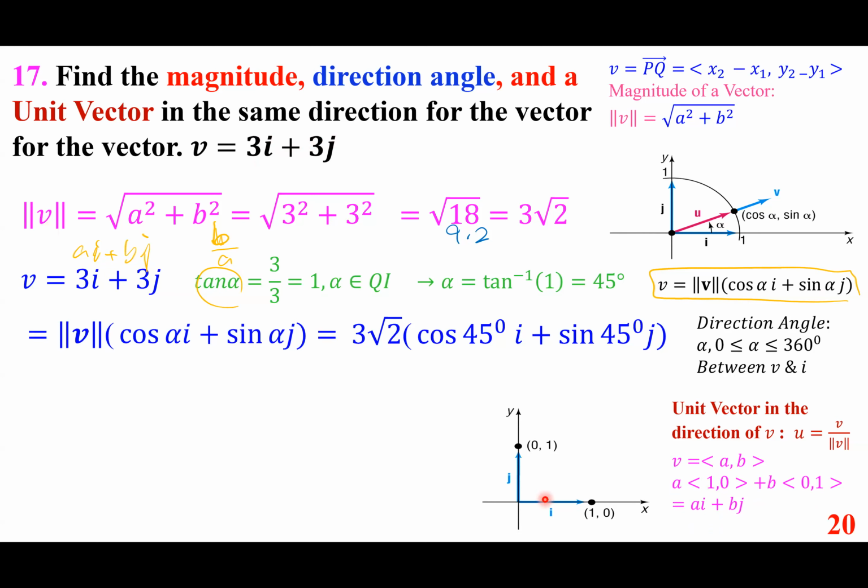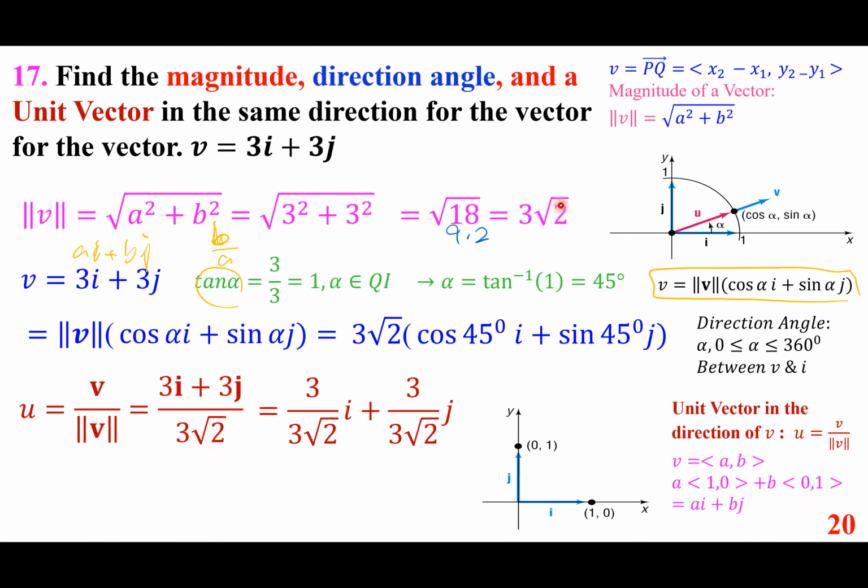So this is the unit vector along the x-axis, or the i vector, or the j vector, ai plus bj, so a times 1, 0, plus b times 0, 1. In any event, divide by 3 square root of 2 and separate them accordingly, and simplify them.